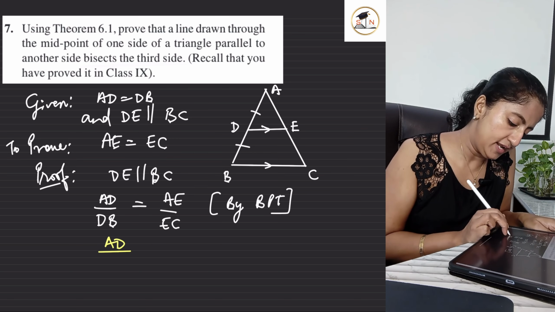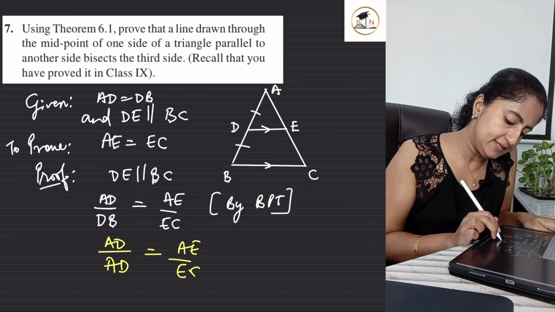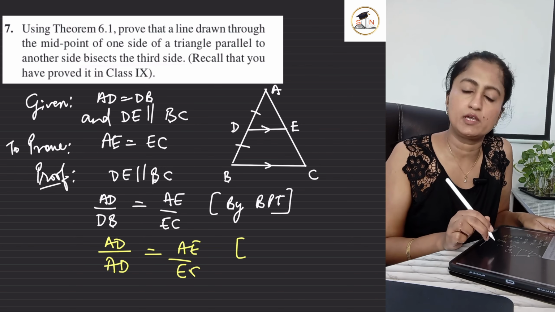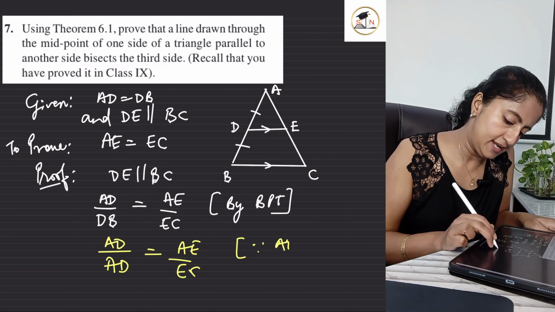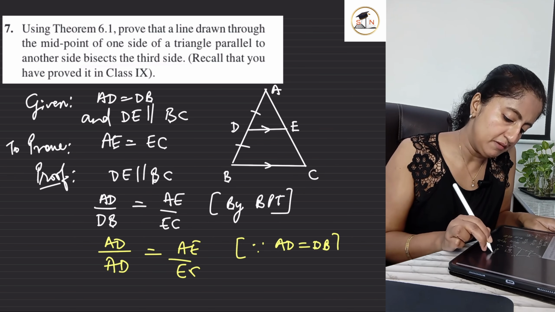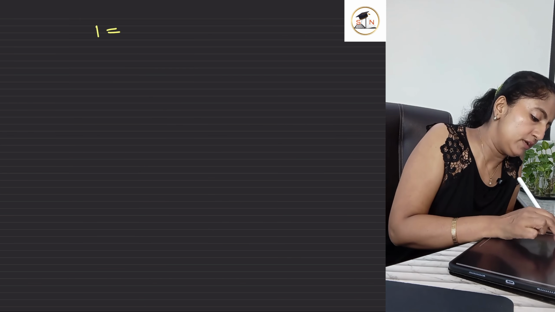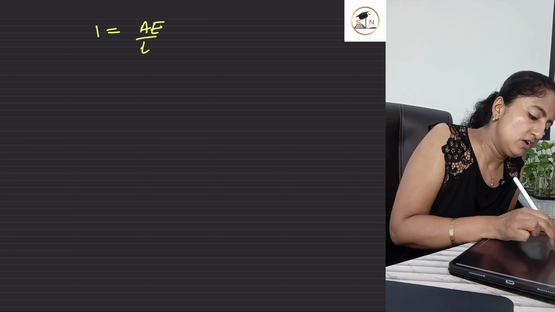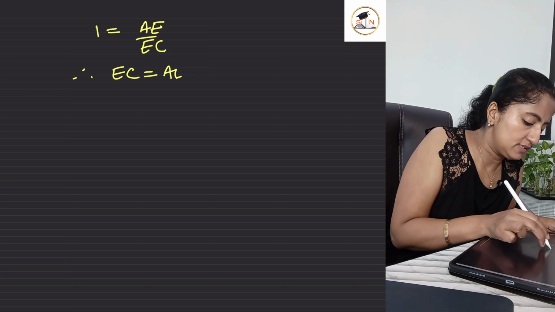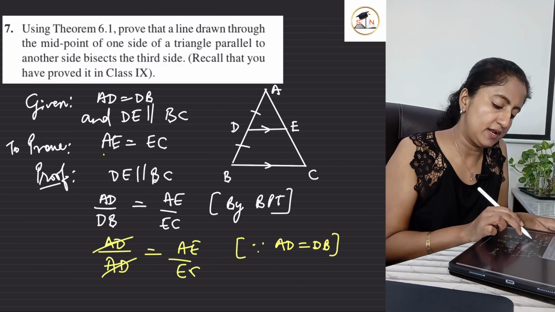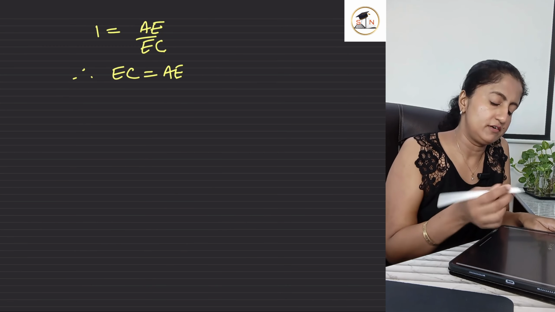So I am writing AD over AD equals AE over EC, because I have changed one of the sides in the ratio, since AD equals DB. So now AD will get cancelled, right? We get 1 equals AE over EC. Therefore, EC equals AE. And see what I have written over here to prove: AE equals EC. This is what we just proved, right?